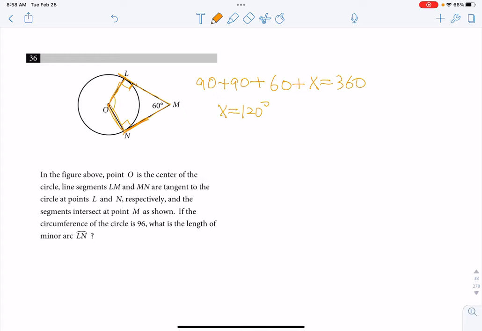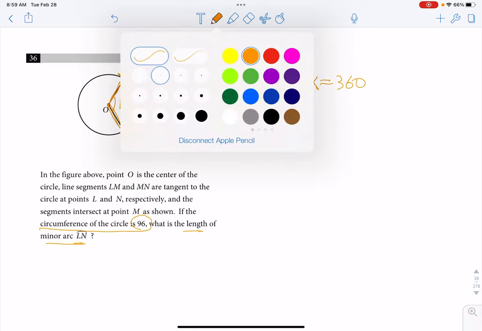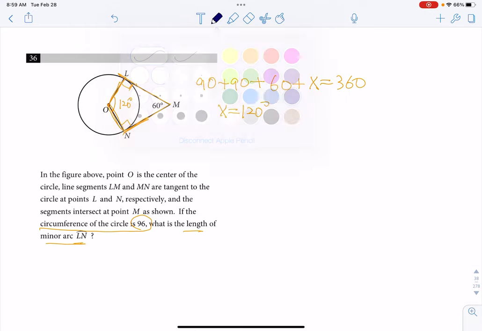So this one is 120 degrees. They're saying the circumference of the circle is 96, and they're asking for the length of minor arc LN. They're asking for the arc here. So that arc's central angle will be 120 degrees.